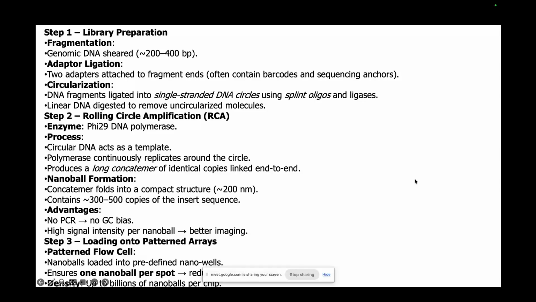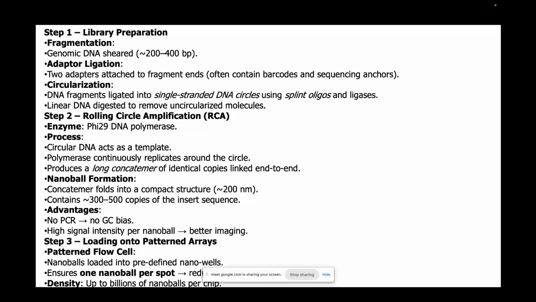Yeah. So you do not have PCR, so you do not have GC bias here, but what you have is a highly concentrated amount of DNA in a single nanoball, in a single compact structure. So the signal density is very high, so the imaging is better, and consequently the base calling is also going to be better.